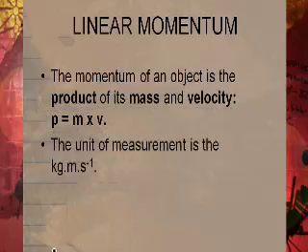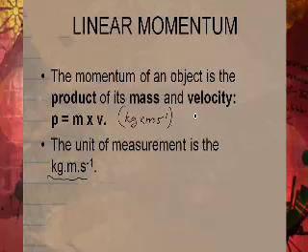Now, the unit of measurement is kilograms meters per second. I think we can see it from here because mass is measured in kilograms times velocity is measured in meters per second. So you have the unit to be kilograms meters per second for momentum, okay?